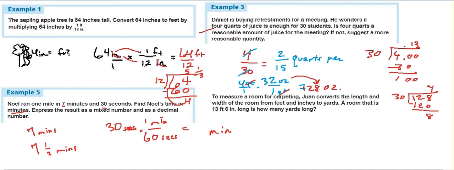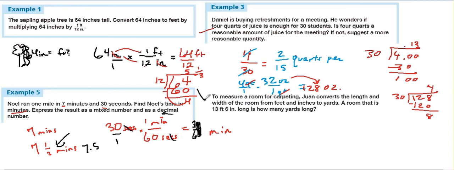If I start with seconds, then this way I can go diagonally and cross those out. 30 over 60, I can immediately recognize as 3 over 6 or 1/2 minute. If we want to show it as a decimal as well, 7.5 minutes.